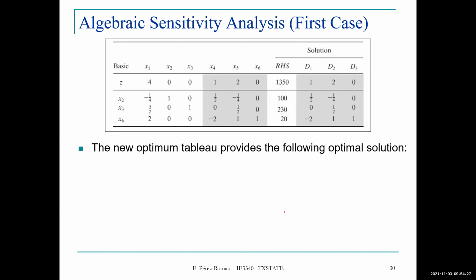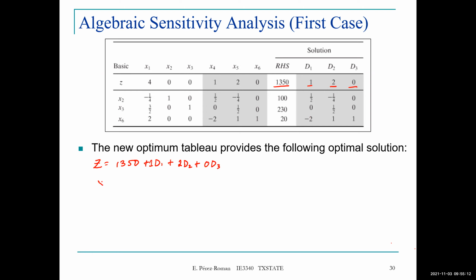So the new optimal tableau provides the following optimal solution. So we have the shaded areas, and if we set up Z now, it's equal to 1,350 plus D1 plus 2 times D2 plus 0 D3.